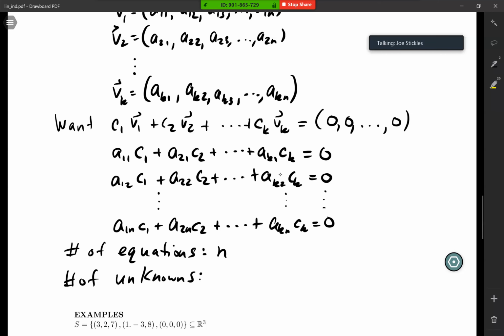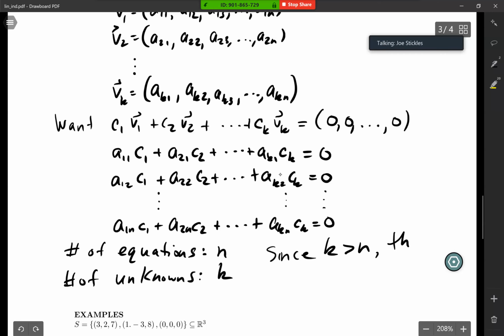How many unknowns do we have? Okay, good. So we have k unknowns and n equations. Do we have enough equations to balance out the unknowns to get a unique solution here? No. No, good. We have more unknowns than we have equations. We know that this system has infinitely many solutions.